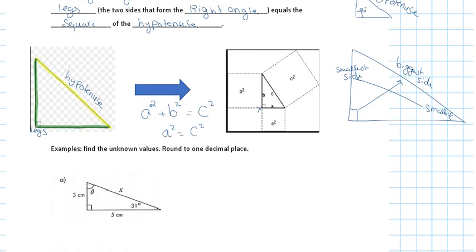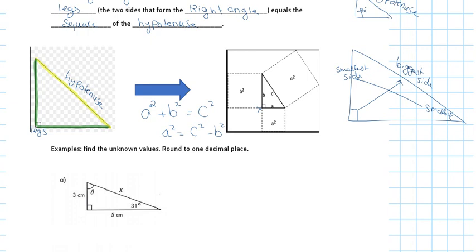Okay? So what happened is if I know b and c and I'm looking for a, I can use this formula, but I have to bring the b squared over to the c squared, okay? Because I'm only looking for the a squared. And the opposite operation of addition is subtraction. Okay, so when I move it over the equal sign, it becomes a subtraction.